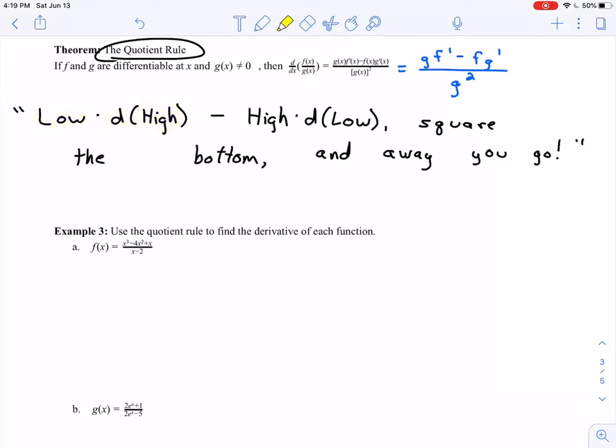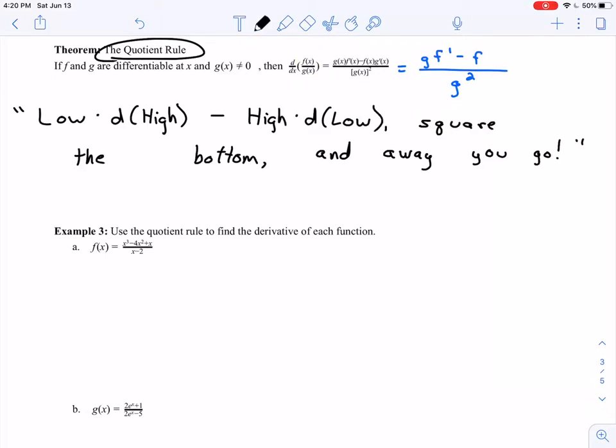Minus high, that's my numerator. D low, that's the derivative of my denominator, so that's g prime of x. Square the bottom, so that's g squared, and away you go. I've always thought that this was pretty helpful.